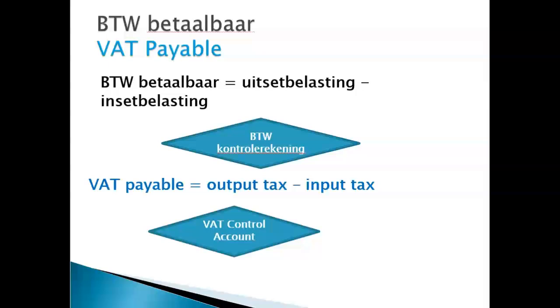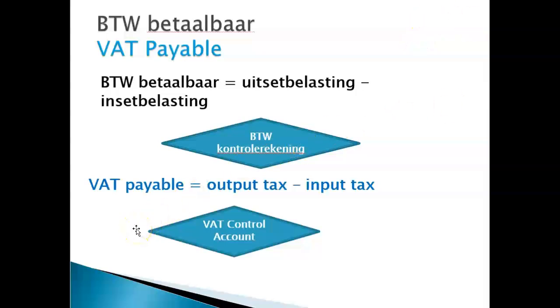So how do I do that? For that whole VAT period, I accumulate all the input VAT in my VAT input account, and I accumulate all my output VAT in my VAT output account. At the end of this VAT period, I will transfer the balance of the VAT input account to my VAT control account, and I will transfer the balance of the VAT output account to my VAT control account.